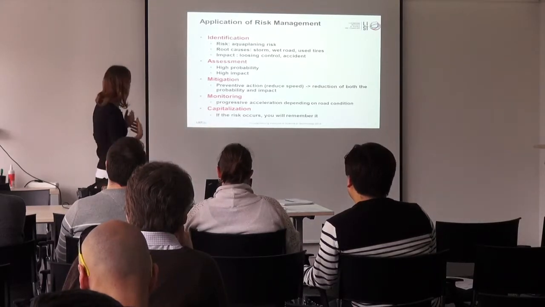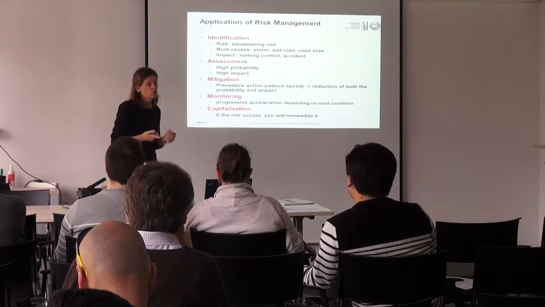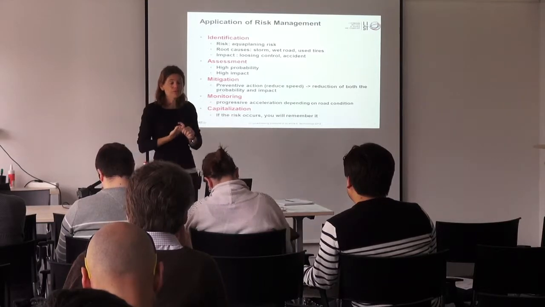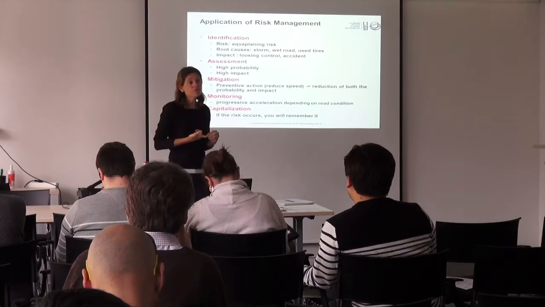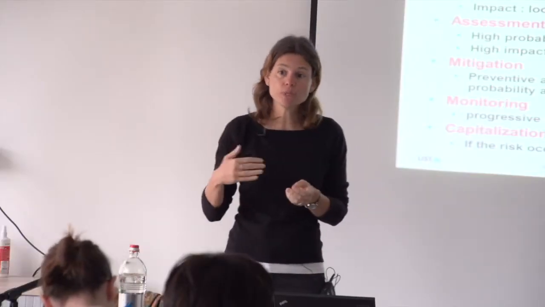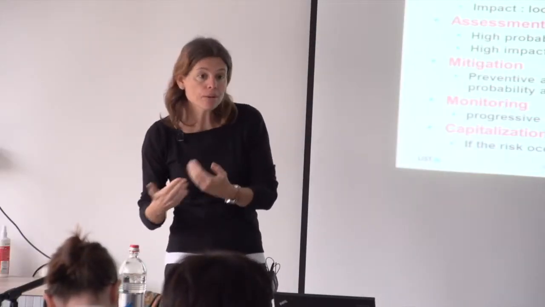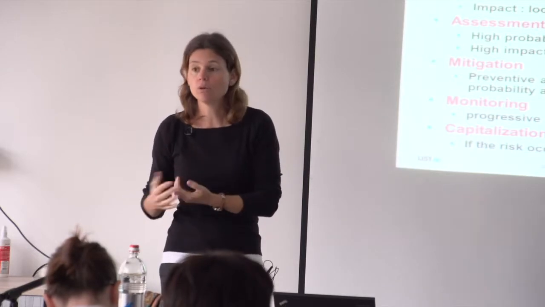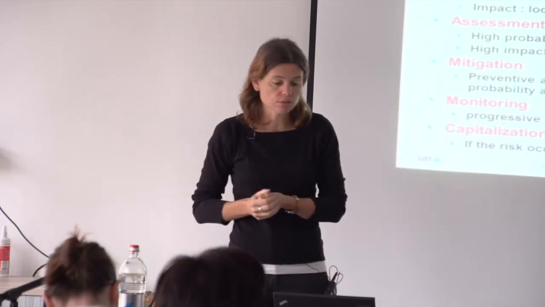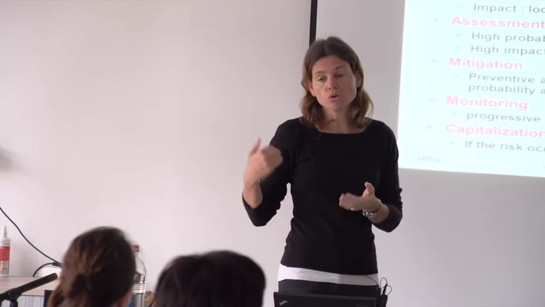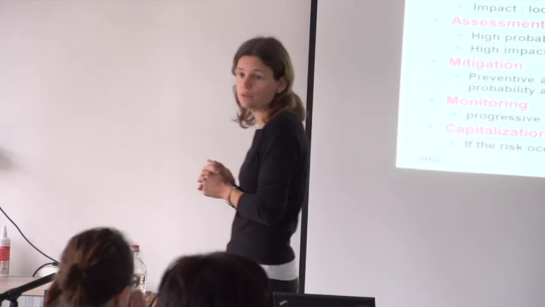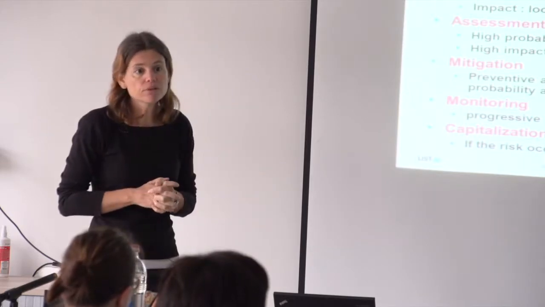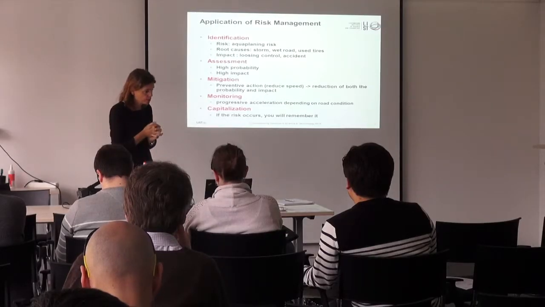So you did some mitigation action. So one preventive action was to reduce your speed, so that even if you have an accident, if your speed is lower, then the impact of the accident will be lower than if your speed is higher. And you also reduce the possibility of having an accident by having a lower speed.